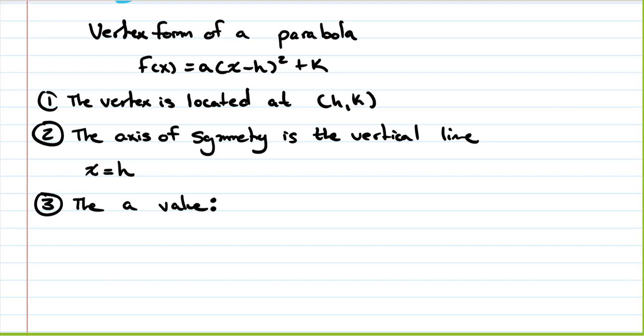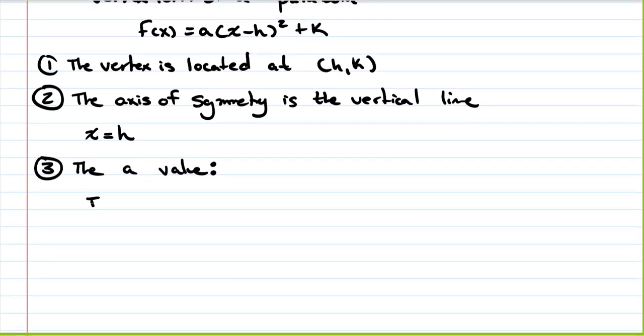Three, the a value tells us the following. If a is bigger than 0, our parabola is going to be happy and it's going to open up.